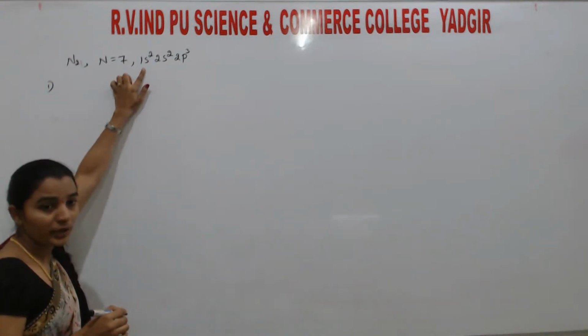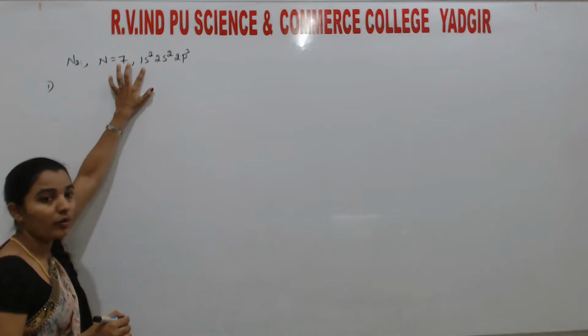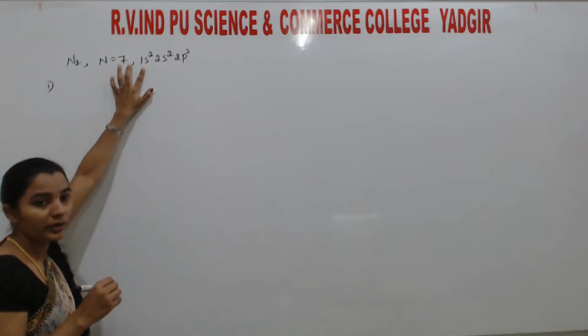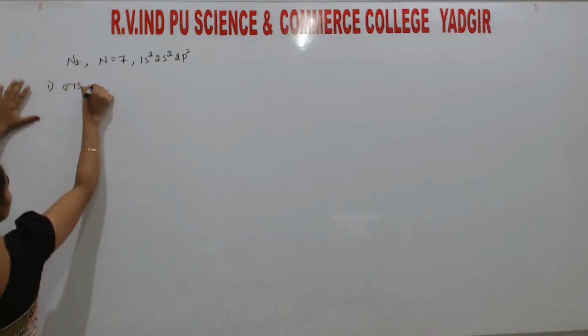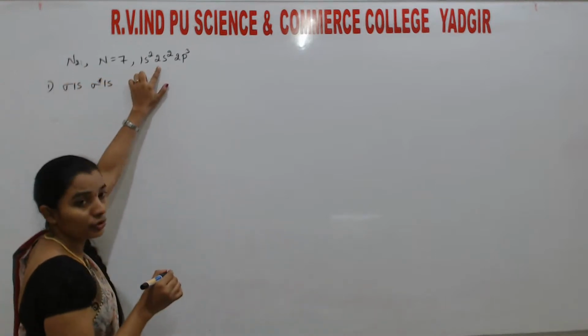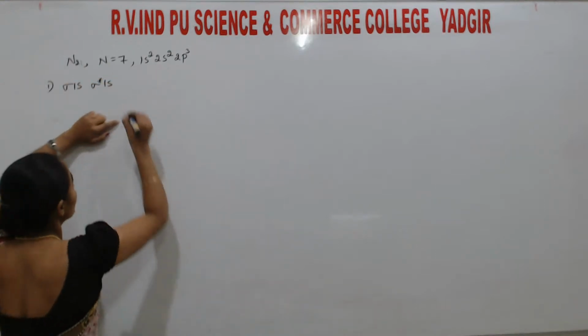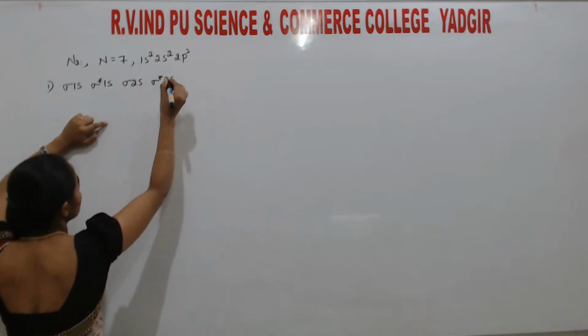If one s orbital is there, then how many molecular orbitals will come? Two: sigma 1s, sigma star 1s. Correct? Next, the 2s orbital is there, then it is sigma 2s, sigma star 2s.